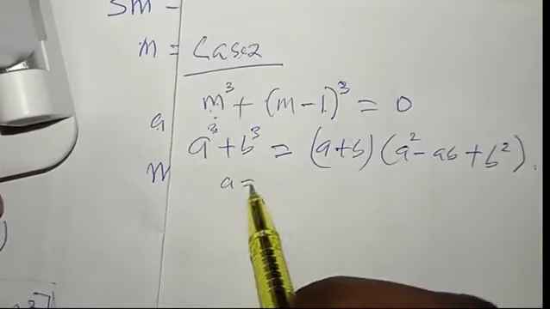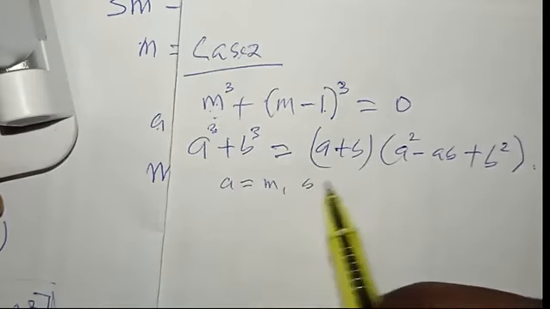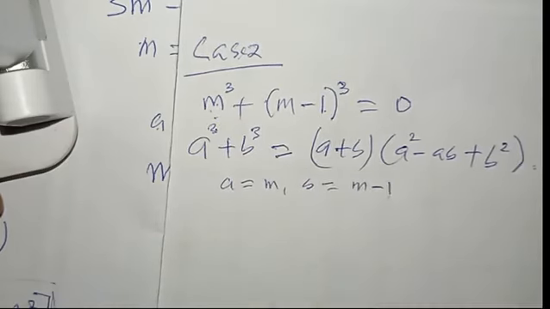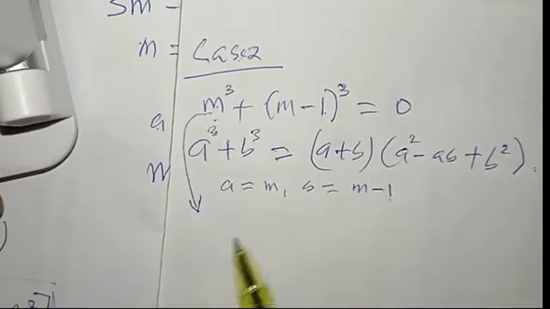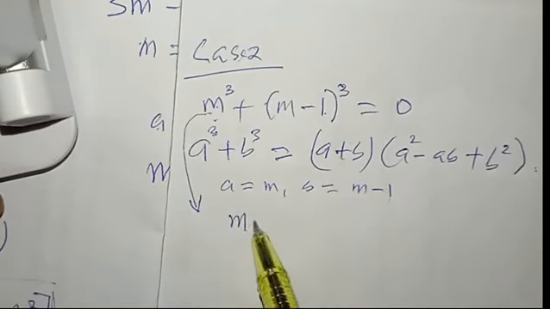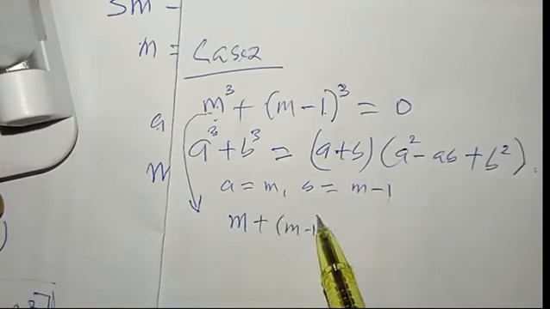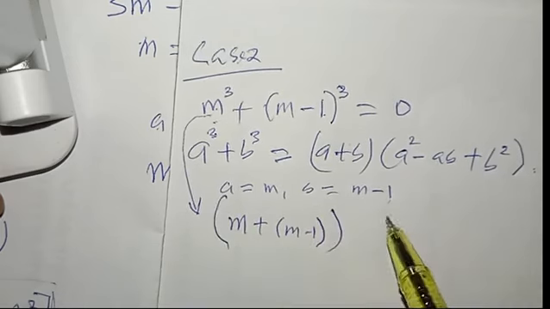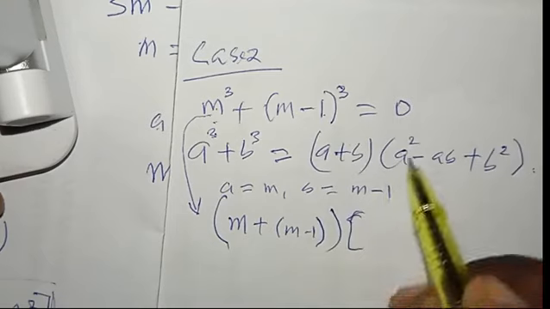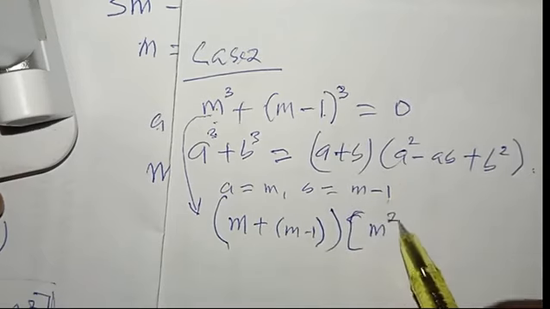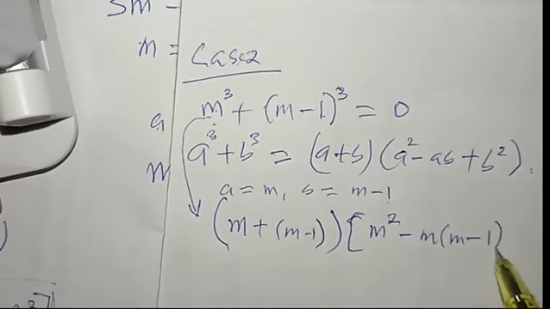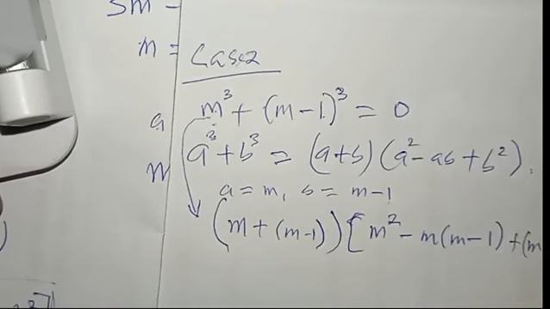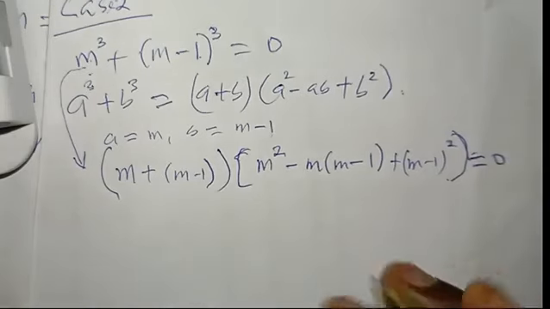So in this case, let me write our a is equal to m, and our b is equal to m minus 1. Okay, so our a plus b now becomes m plus m minus 1, and then the second bracket, a squared, that is m squared, minus m times m minus 1, and then plus m minus 1 all squared, is equal to 0.